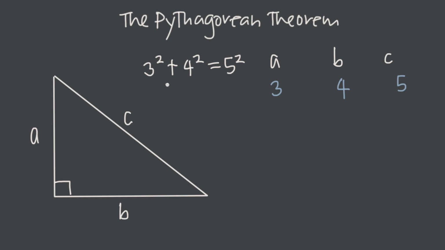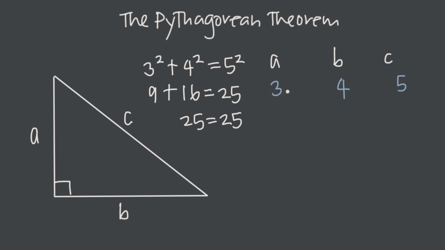When we simplify this, 3 squared is 9, 4 squared is 16, and 5 squared is 25. 9 plus 16 is 25. So we get 25 equals 25, and we can see that the set 3, 4, 5 satisfies the Pythagorean theorem because this equation is true.